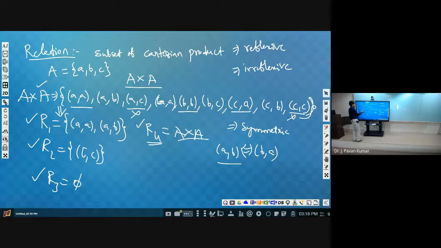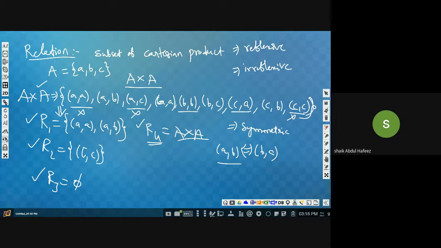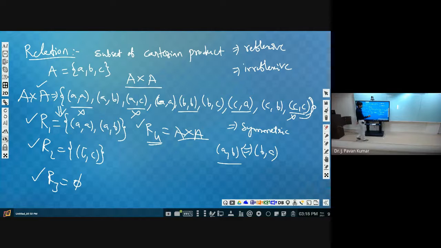Now from this A cross A, if you don't have A comma A, can we consider it as symmetric? Yes, sir. Yes. So symmetric is nothing but whenever we have an A comma B kind of pair, then B comma A should be present. If A comma B itself is not there, then we need not bother about B comma A; it should not be present.